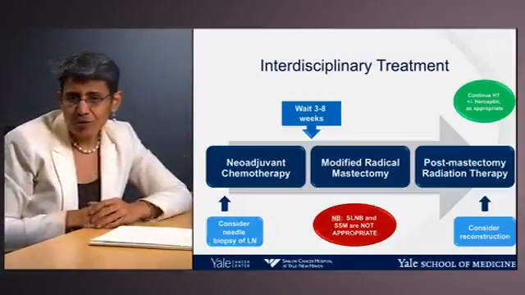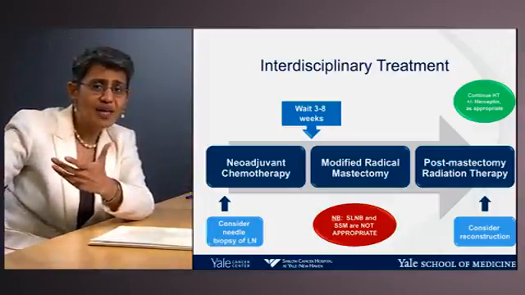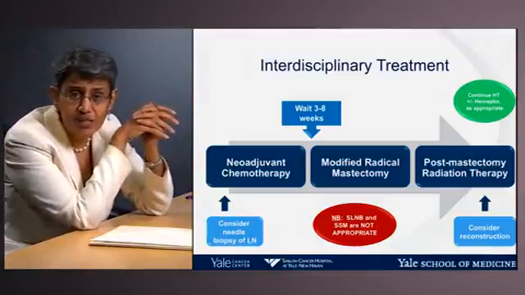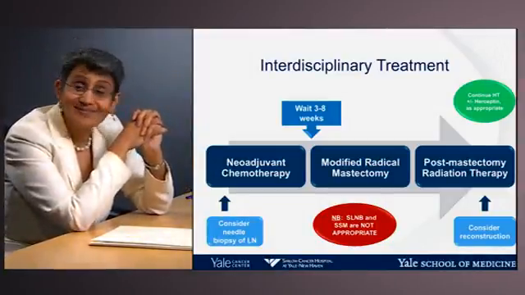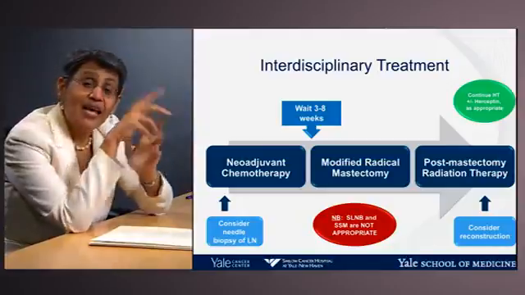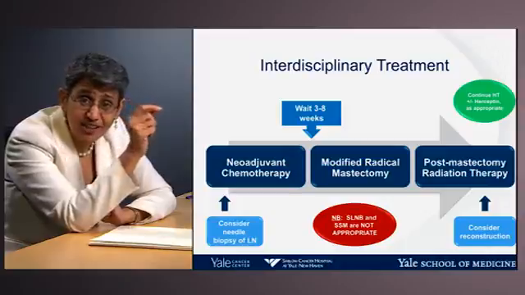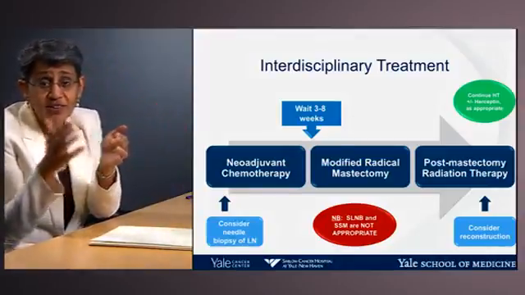Now, what kind of surgery? Remember back to the surgery lectures? We talked about partial mastectomy, we talked about total mastectomy, we talked about skin-sparing options with immediate reconstruction. We talked about giving patients choices. Not in this one. Because inflammatory breast cancer is by definition cancer that has gotten into the skin, you don't want to spare the skin.